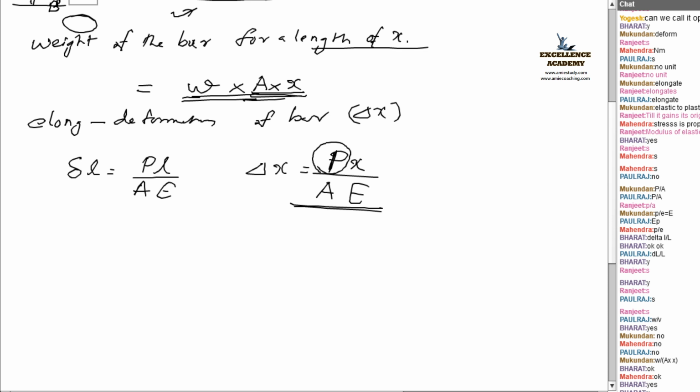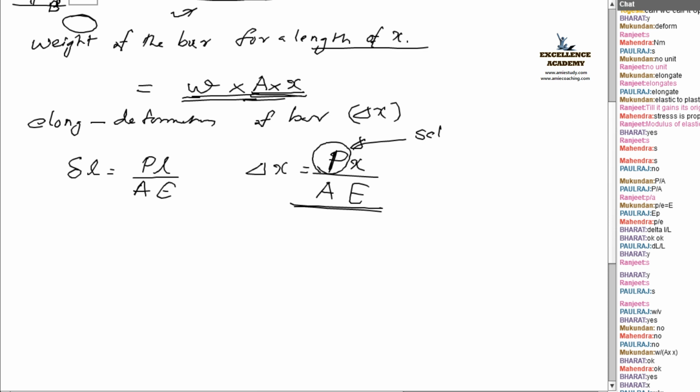How can I put the value of P? P here is the self weight. So what will be the self weight up to dx?